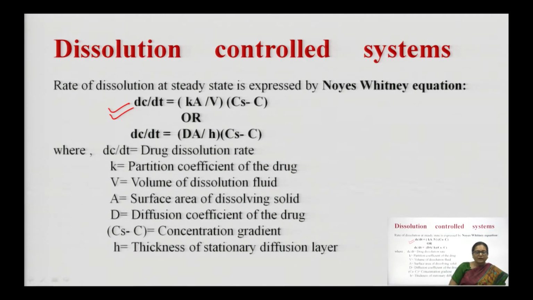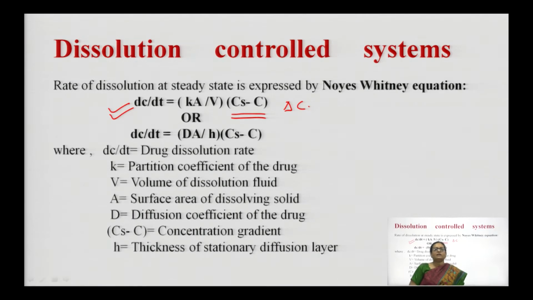So, we can see here that the dissolution rate is directly proportional to the partition coefficient of the drug and the surface area of the dissolving drug, whereas it is also dependent upon the concentration gradient. The Cs minus C basically represents the concentration gradient, that is delta C, between the stationary diffusion layer and the bulk of the liquid.